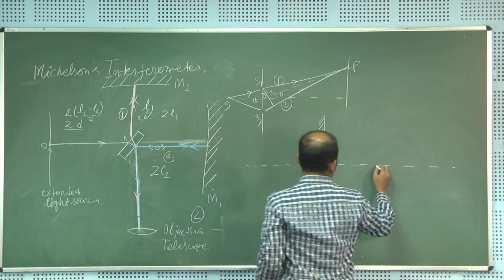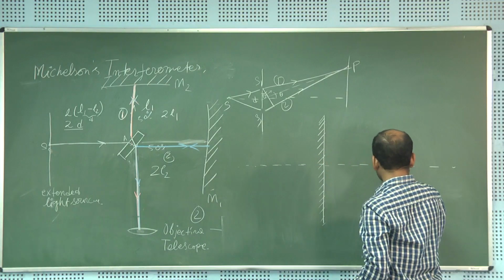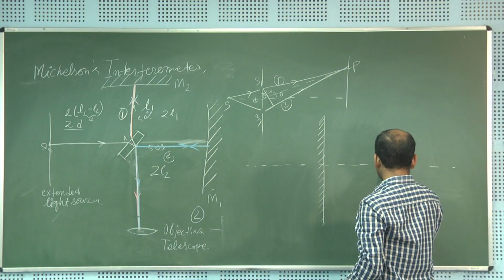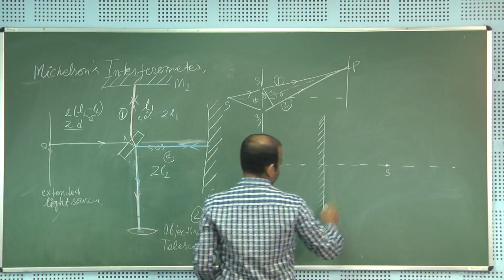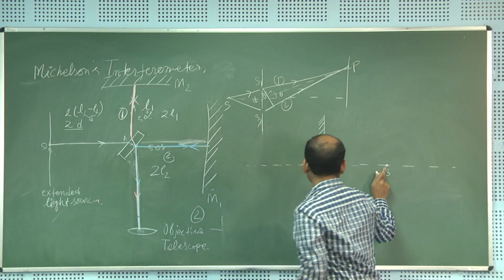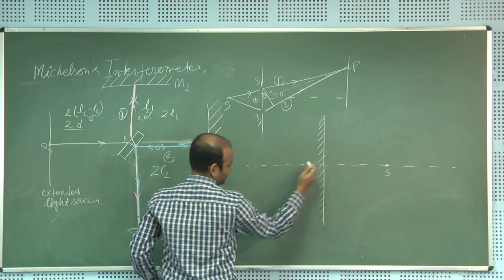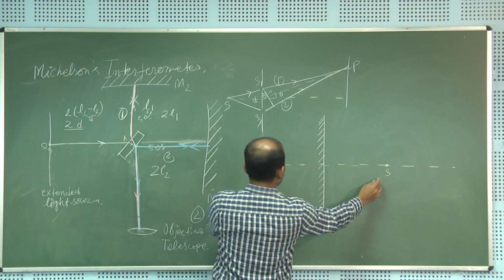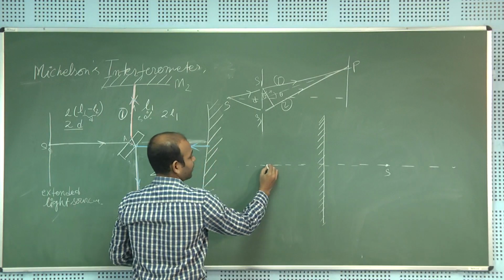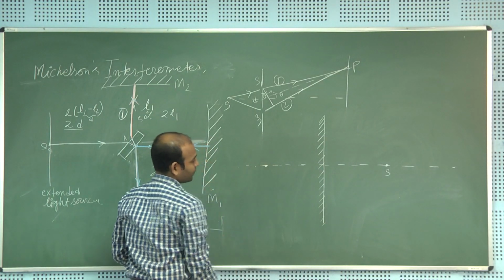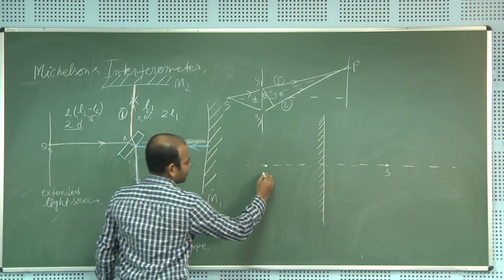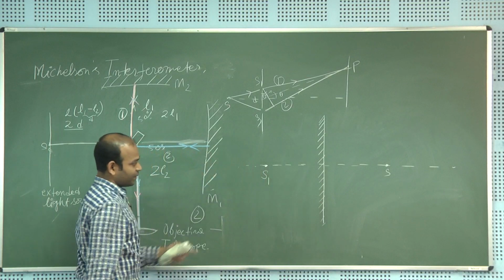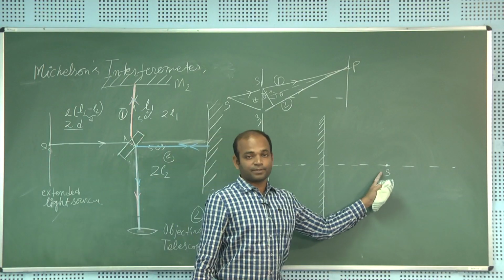and then let us see what happens to a source. If I place a source here, let us say S, we know that it will make a reflection in this mirror, at an equal distance. So if I draw it roughly, keeping these distances the same, this would be S1, the image of this point.